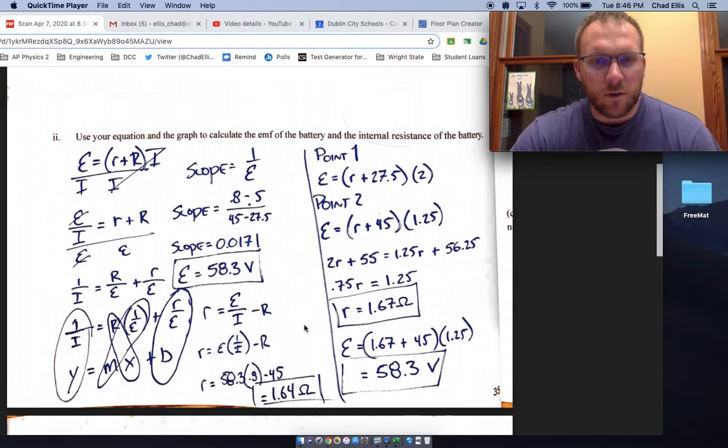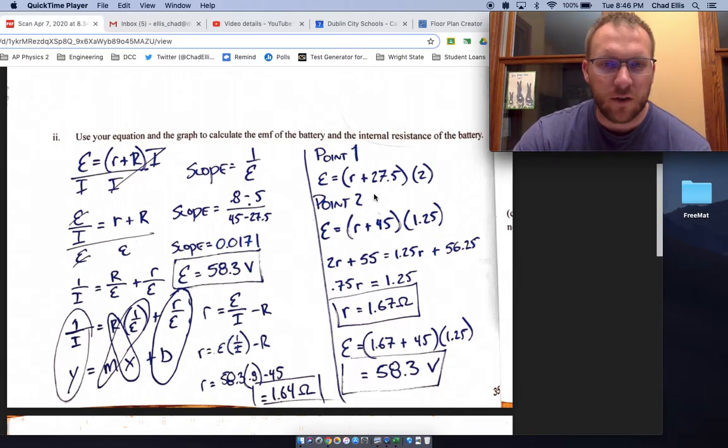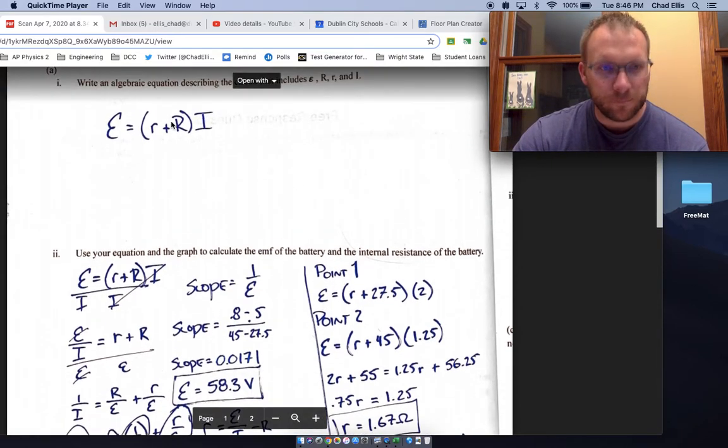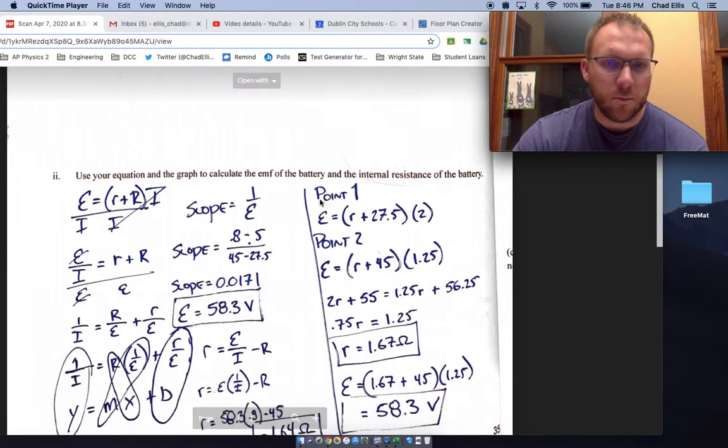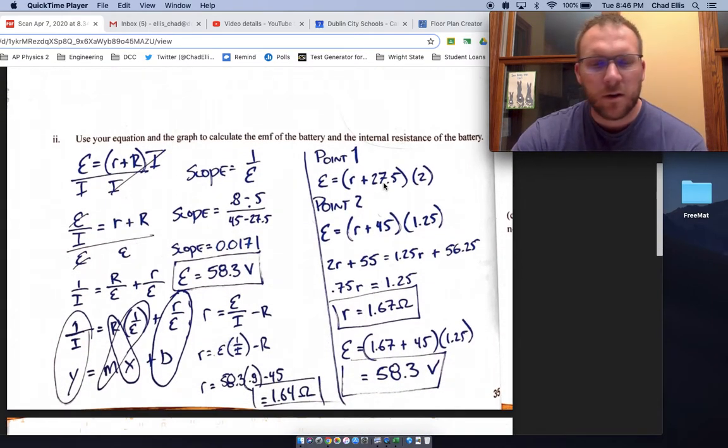The second way you can do it, without trying to figure out the slope of that graph, is we can just take this equation and plug in two points. I have those same points here. For both of them, I don't know my internal resistance or my EMF, but I know my big resistance and I know my current, and I did this by calculating 1 over the value from the graph.